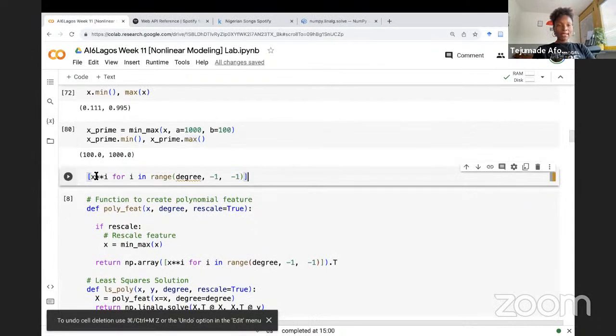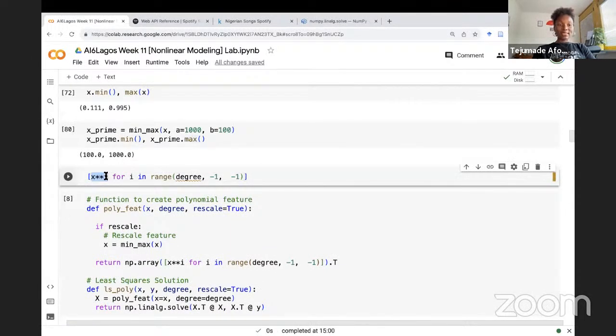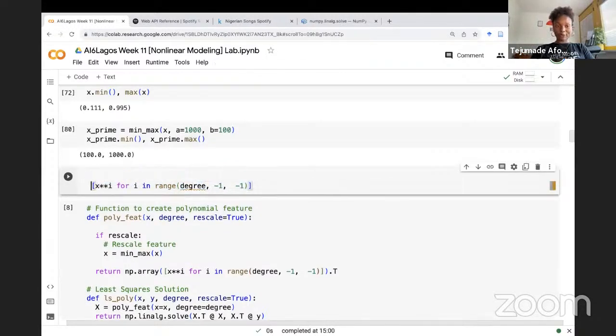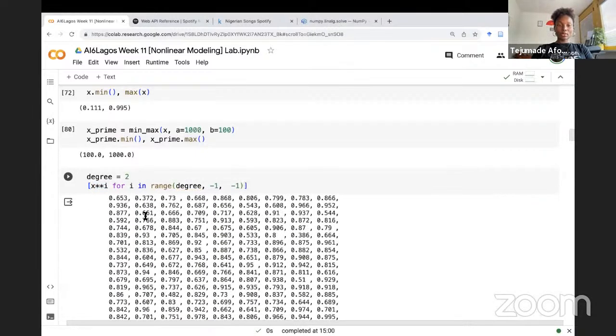Anyway, let's take the x, not the scaled version. I just want to show you what this would give you in order to create this polynomial feature. It's very simple. Let's say we want to create polynomial features of degree 2. This is 2, and then we take the x, square it, and keep going.